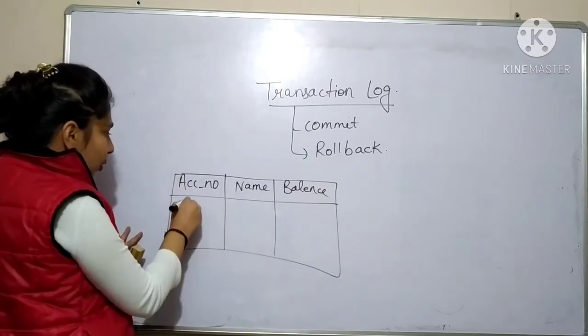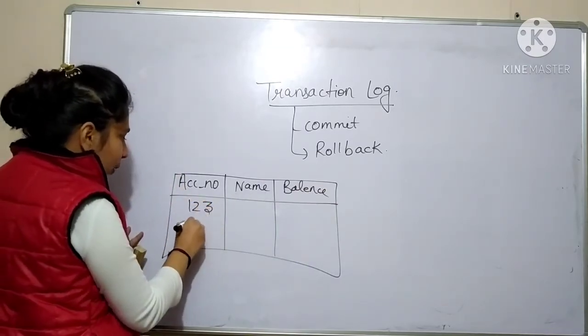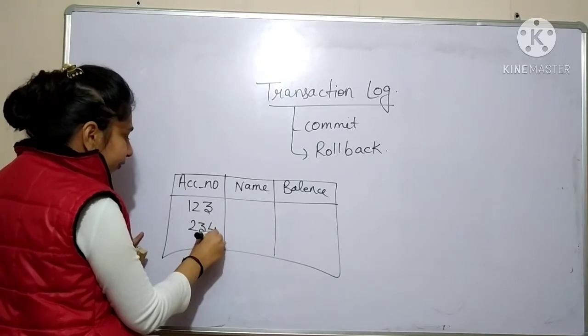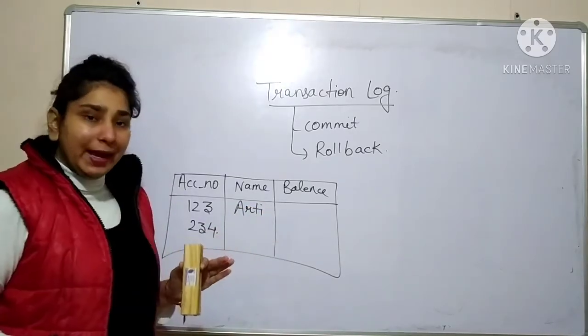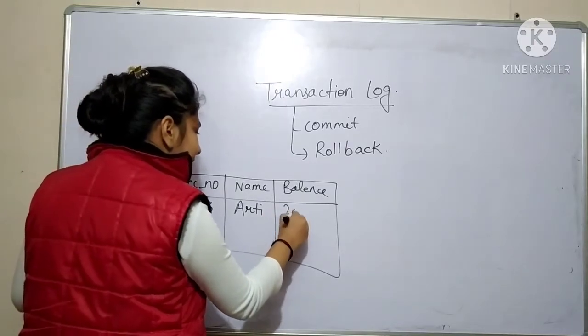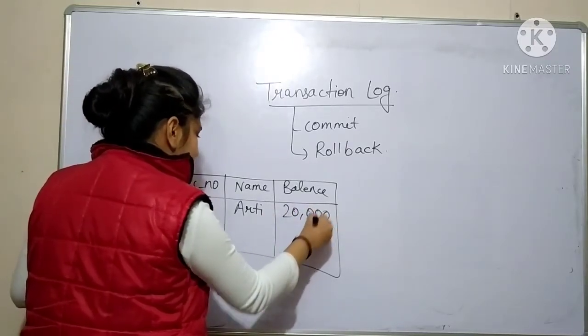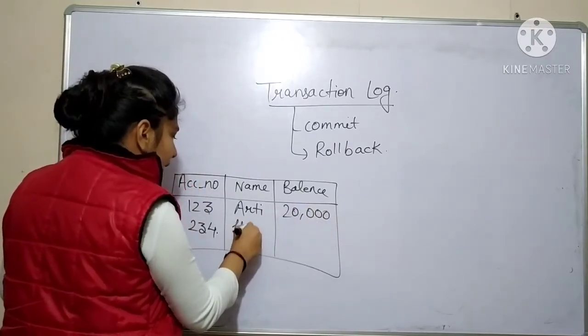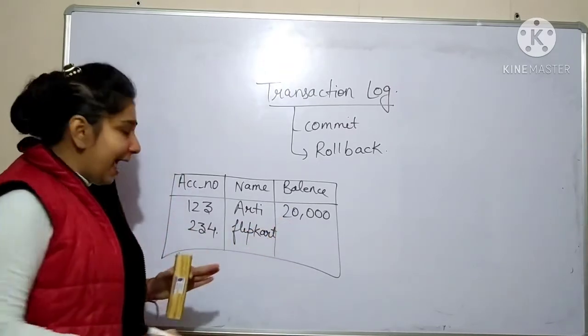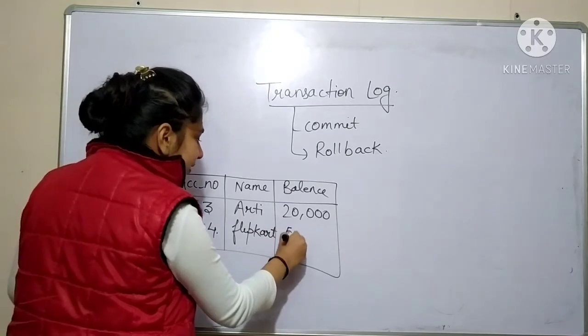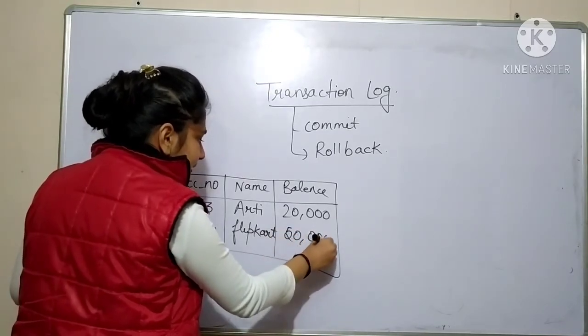Let's suppose I have two records: 123 and 234. The name is Aarti, and Aarti's balance is 20,000. And we have a Flipkart account, and the balance of Flipkart is 50,000.